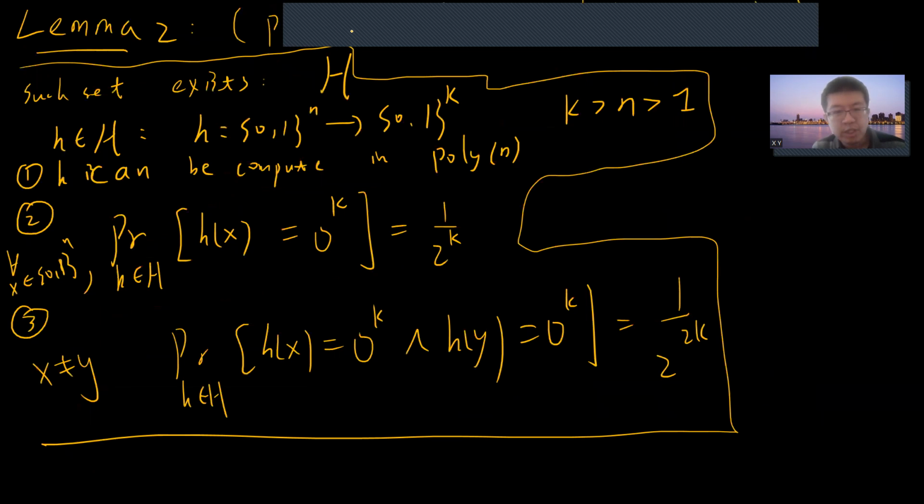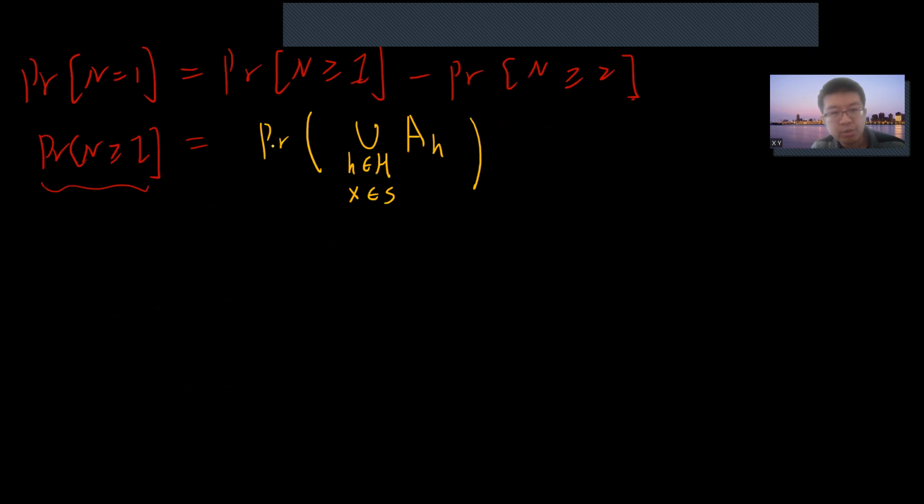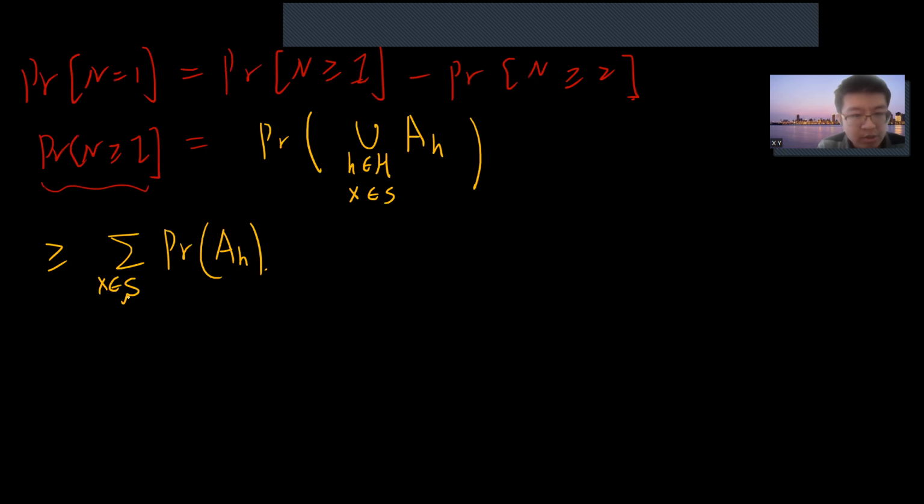So N greater or equal to 1 is the union of the events A_h, for each h in H, with x fixed in S. When we use our bound, this is greater or equal to the summation of the probability of A_h, taking x in S.